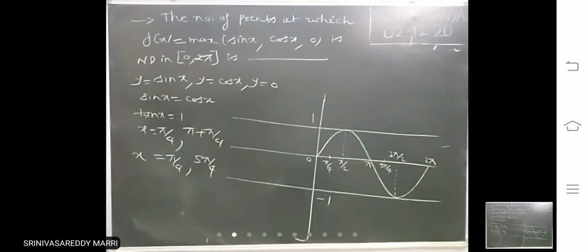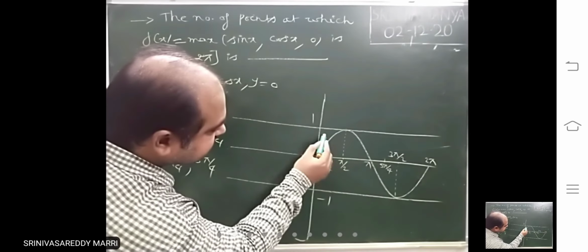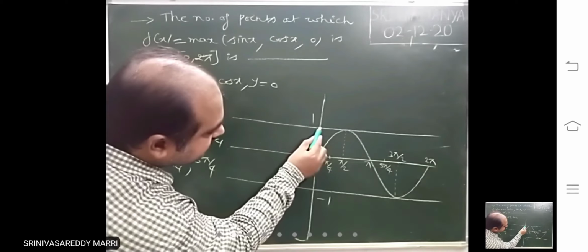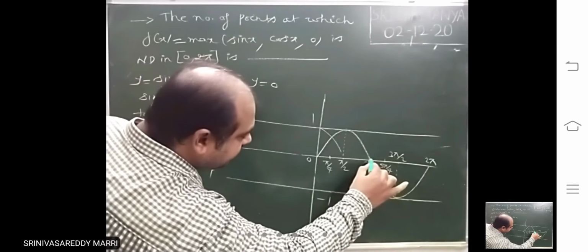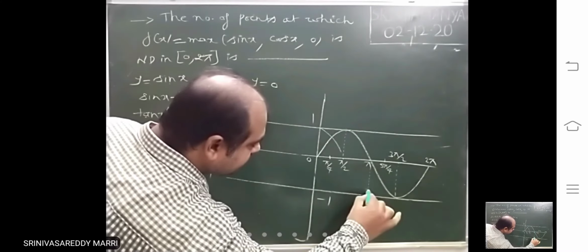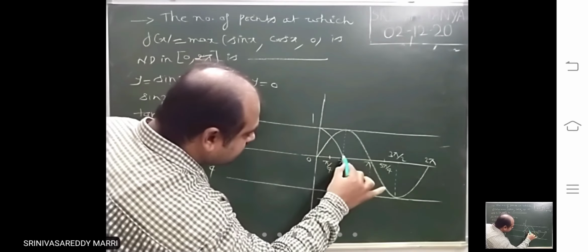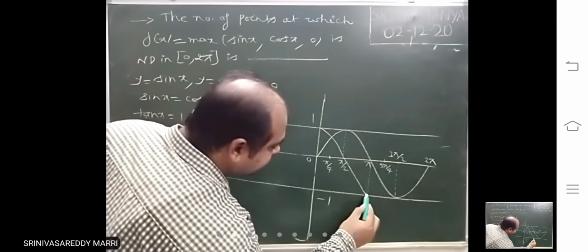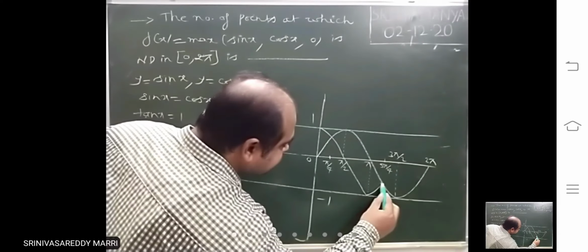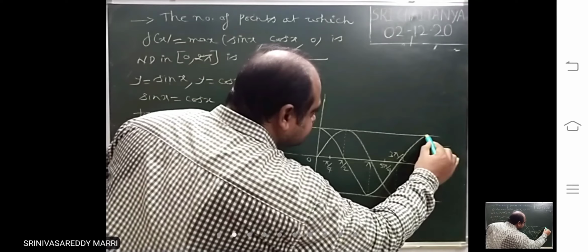Look at, while drawing the graph, actually cos x will be like this. Cos x will be like this. At pi it will be minus 1. I am drawing cos x. Look at, at pi by 2 it will be 0. At pi it will become minus 1. Then it will intersect and then go like this and then go like this.